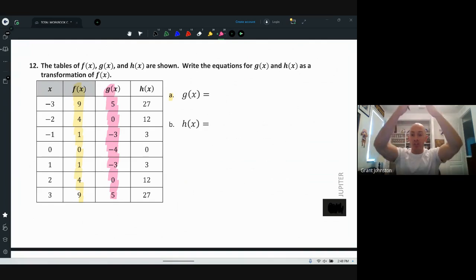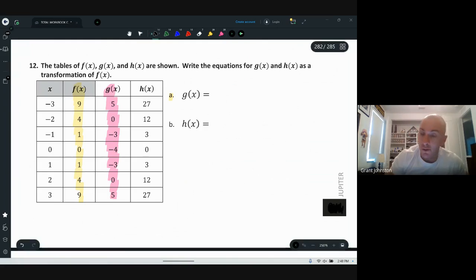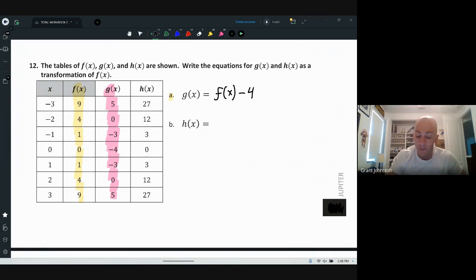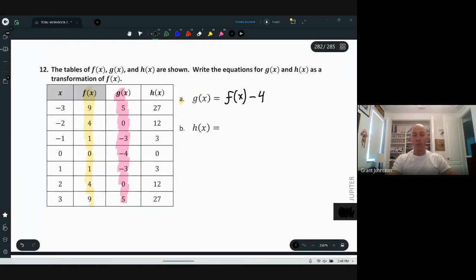It looks like just a shift down of 4. 9 minus 4 is 5. 4 minus 4 is 0. 1 minus 4 is negative 3. So g of x is just a shift down of 4, correct? So I'm going to write g of x equals f of x minus 4. Okay, I'll let you try the rest.